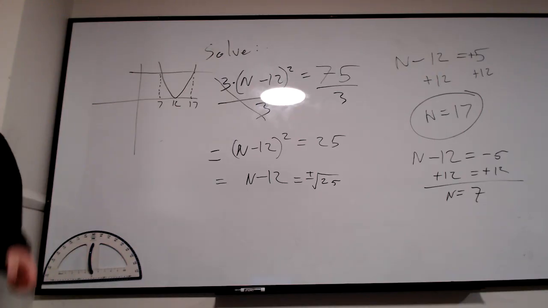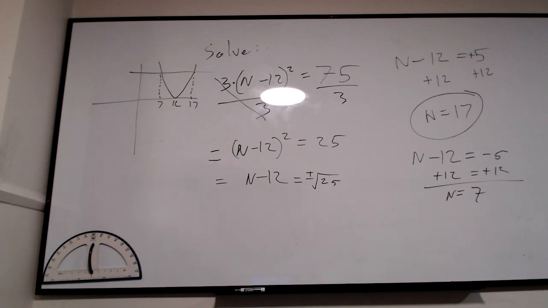So kind of like he showed you on the original one, this is a little bit different one, because we haven't talked about how that graph looks, but it's very much the same. On a quadratic, you're always gonna have 2 answers. You're always gonna have the positive and the negative answer, because there's 2 spots that go through that same y. Unless you're solving for something that has to have a positive answer. Yes.